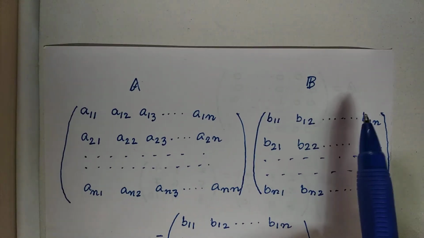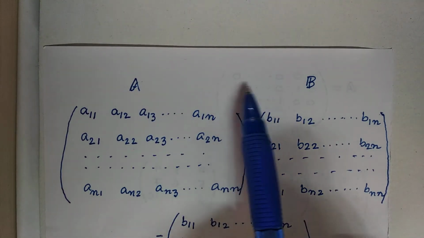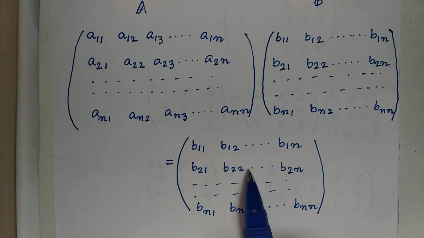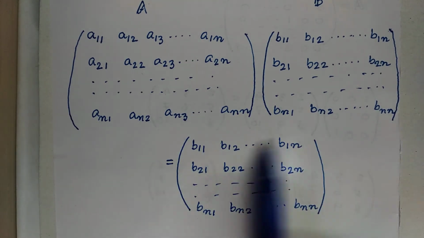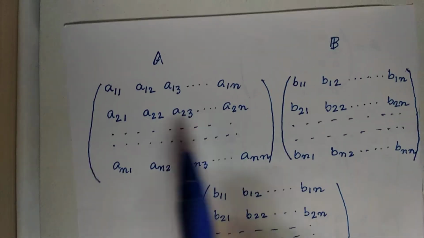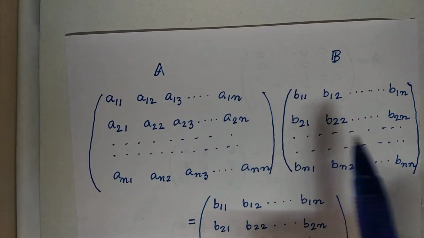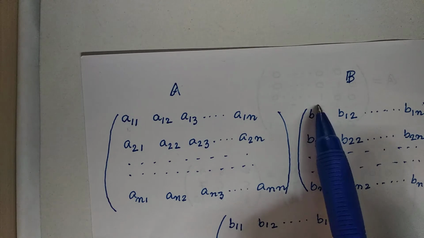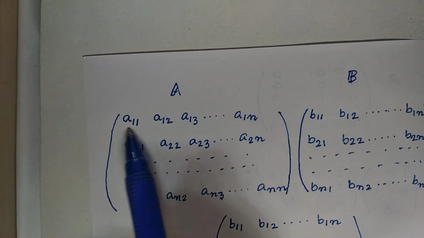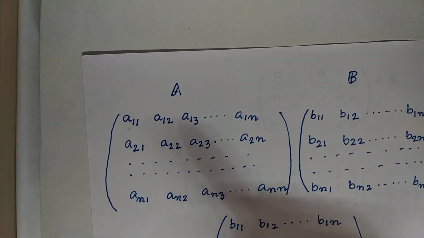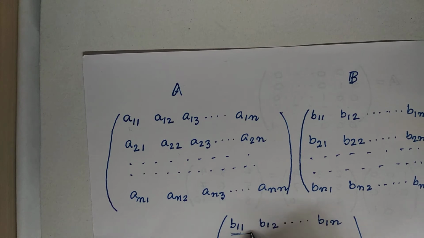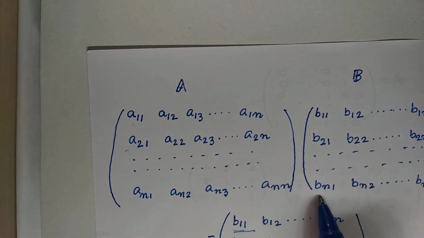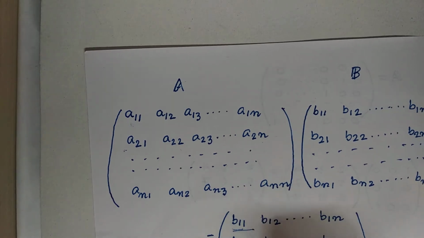And we want A into B to be equal to B itself. We have written this B here. We want this identity. Now carry out the actual matrix multiplication. First row multiplied by the first column, this multiplied by this should give this result. Similarly, second row multiplied by first column should give this result, and so on.